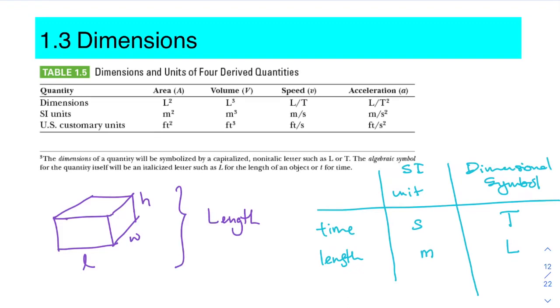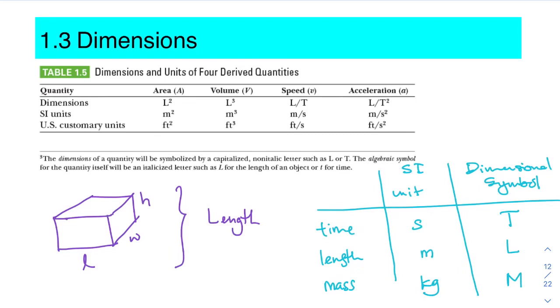For the mass of a physical object, the SI unit is kilogram, and the dimensional symbol is capital M, standing for mass. So these are the dimensional symbols that we're going to use.